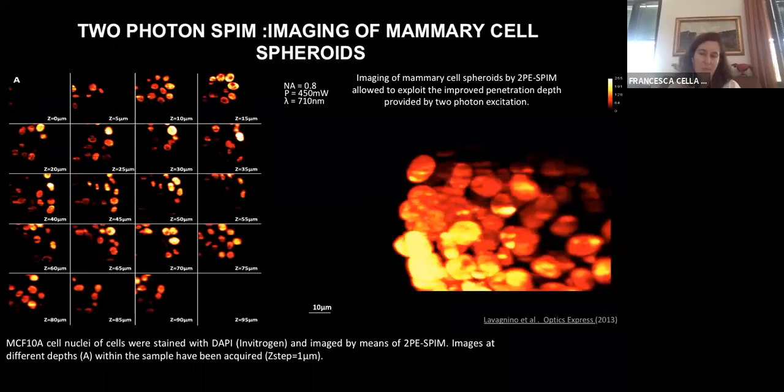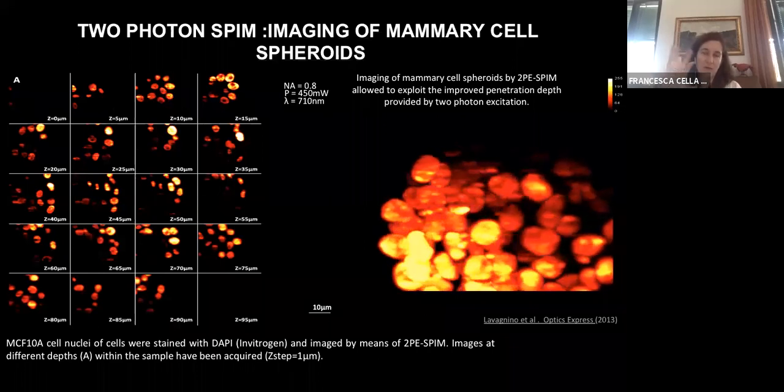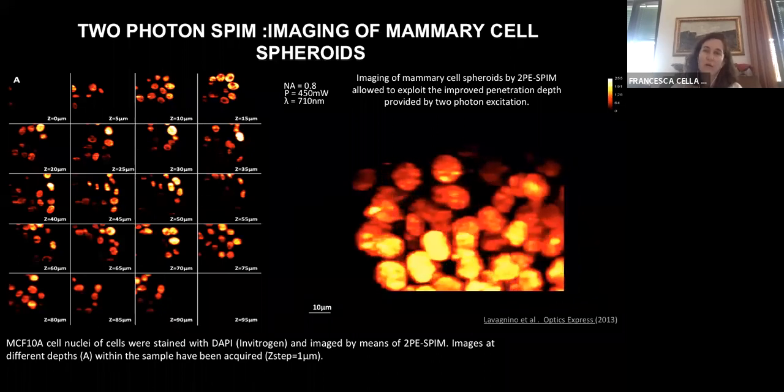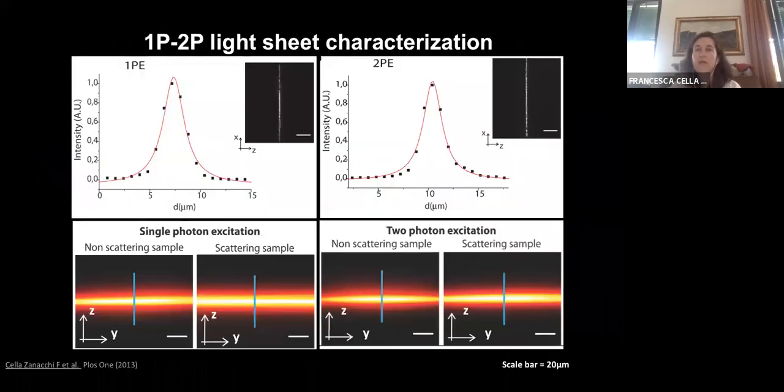Here, as an example, you can see the reconstruction of a 3D image of a mammary cell spheroid. And we can also characterize the light sheet thickness.